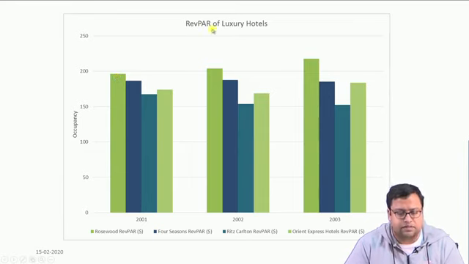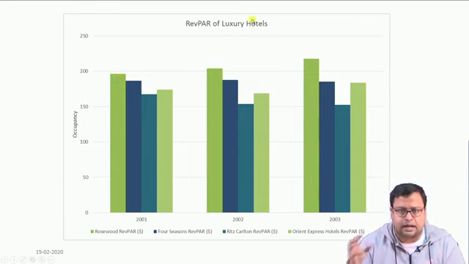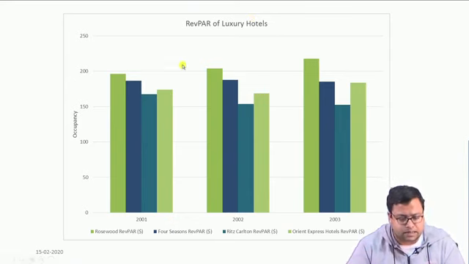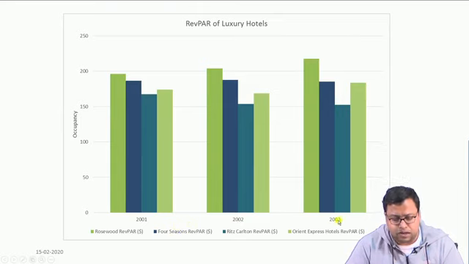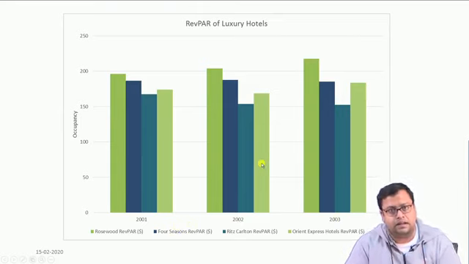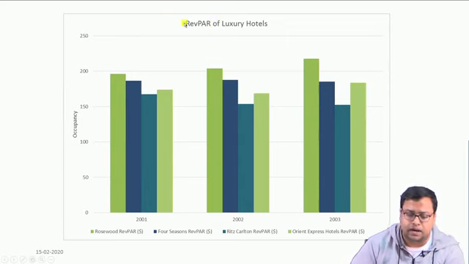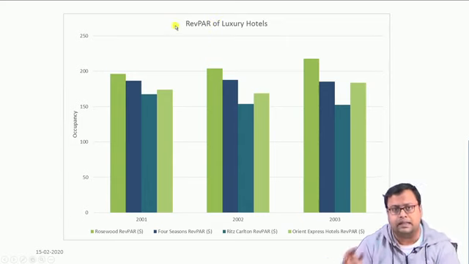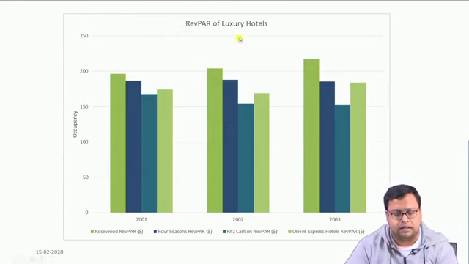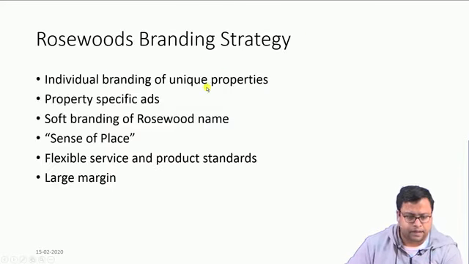This is the revenue that you generate per occupancy that we are checking here. It is very close to 200, and it improved in 2002, and in 2003 it further improved. So, this is not based only on your room rates; the other money that you can generate is actually told in RevPAR.